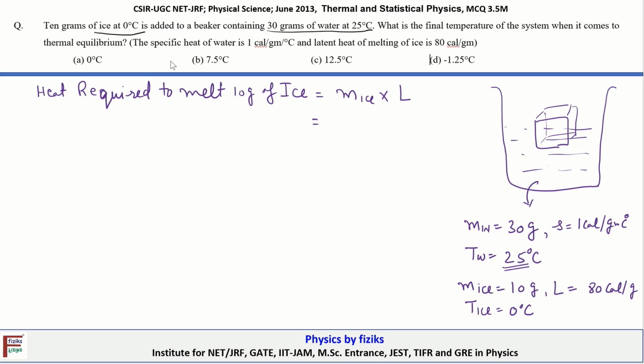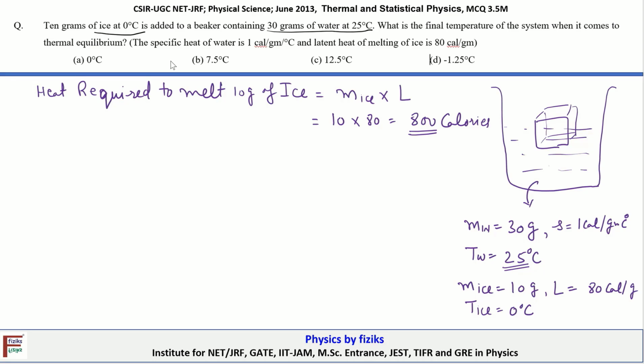The mass of ice is 10 gram and the latent heat of fusion is 80 calorie per gram, so this is equal to 800 calories. That means in order to melt the ice from ice form into the liquid form at 0 degree Celsius, we require this much amount of energy.